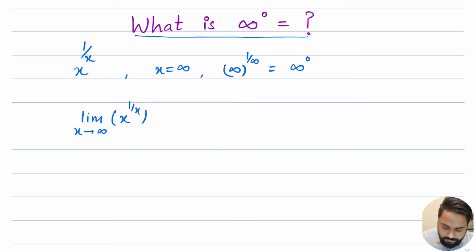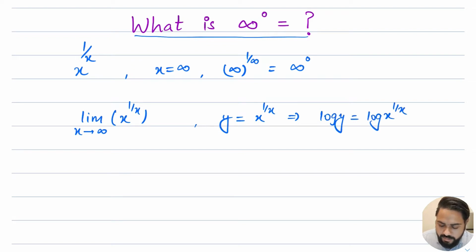To find this limit, we will substitute y equal to x to the power 1 by x, and taking log on both sides, we get log y equal to log of x to the power 1 by x. This means log y equals 1 over x log x, the simple property of logarithms, that log a to the power b is equal to b log a.